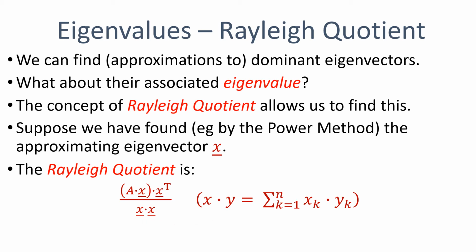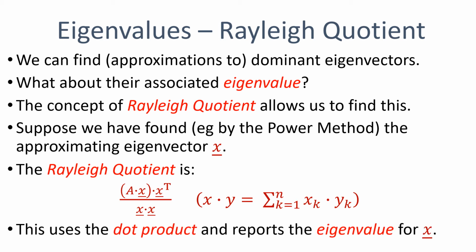So just to remind everyone, what we call the dot product is the result of summing the component-wise multiplication of the two vector parts. So this computation for the Rayleigh quotient uses a dot product, and this reports the eigenvalue for the vector that we've just discovered.